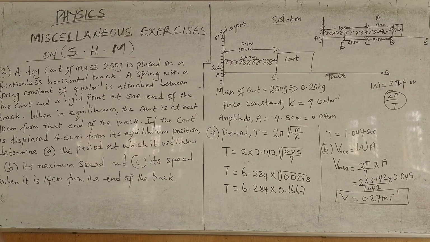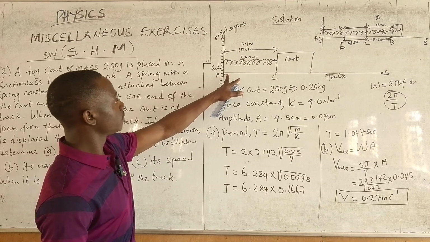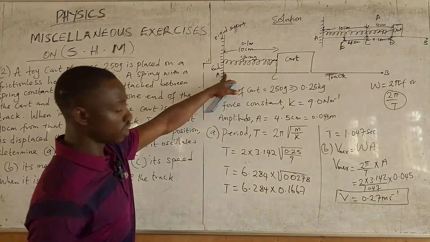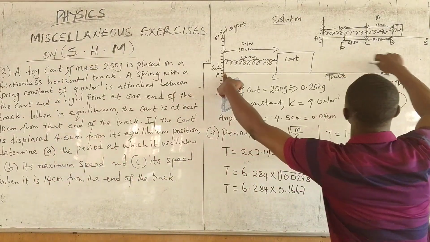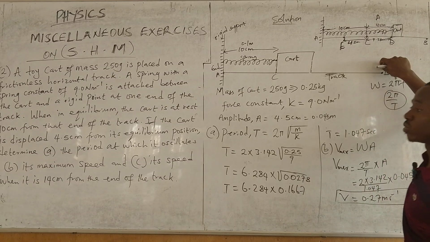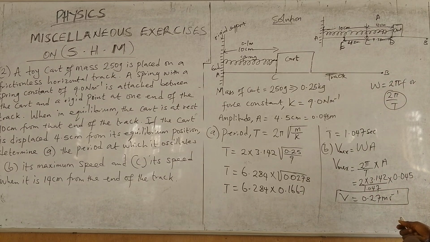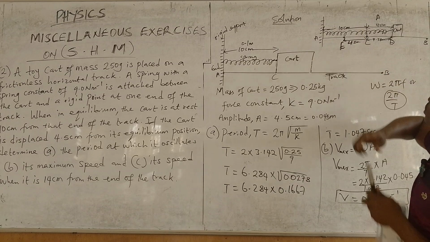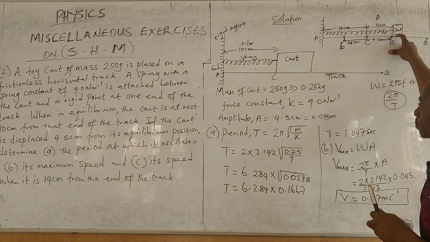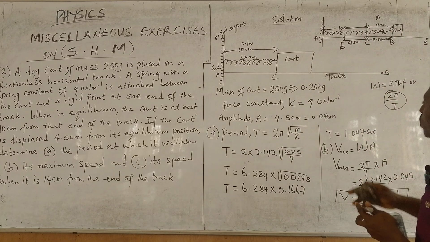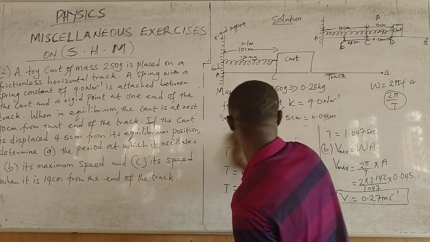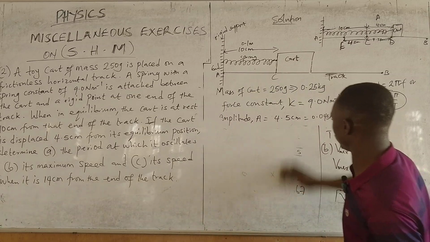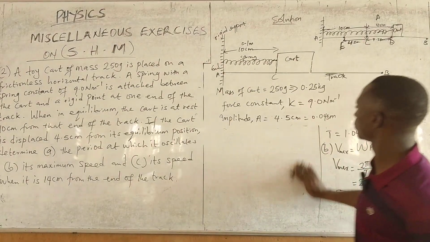Now the next question says its speed when it is 14 centimeter from the end of the track. That's from this end of the track. From this end of the track, what is the speed when it is now drawn 14 centimeter? Now, if you check this diagram very well, you will notice, let me clean here so that we are going to solve the next question here.